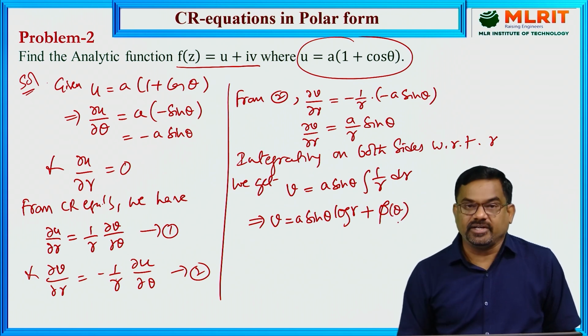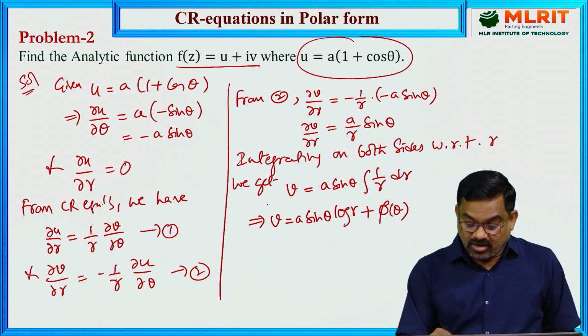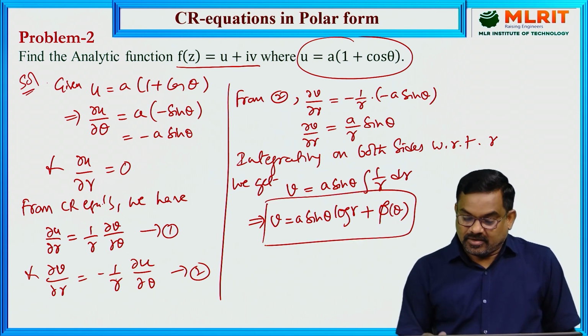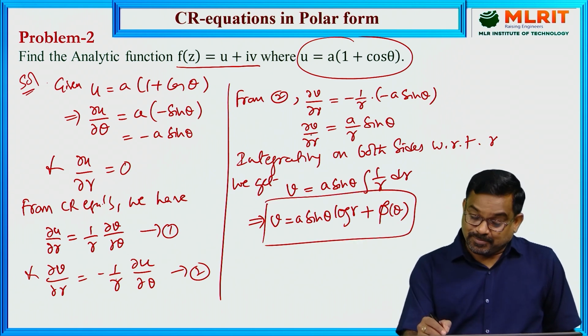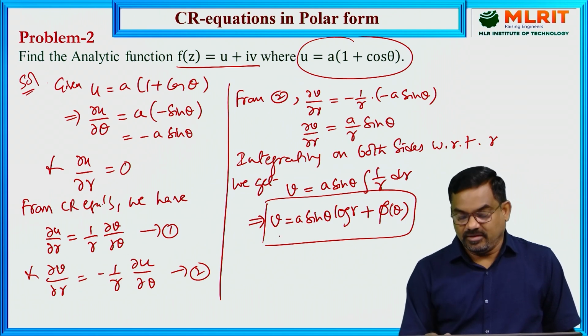So, φ(θ). We consider θ as constant. So here we have the expression for ∂v/∂r. By integrating that, we obtained v.